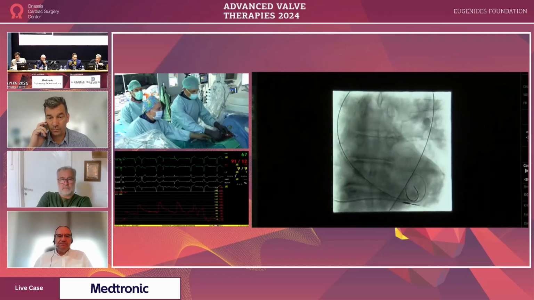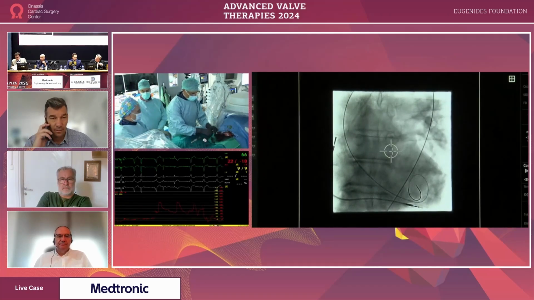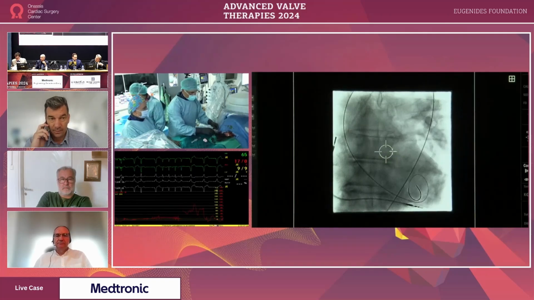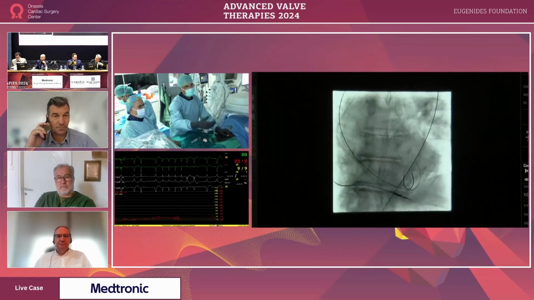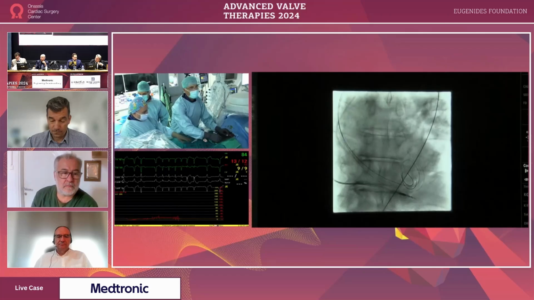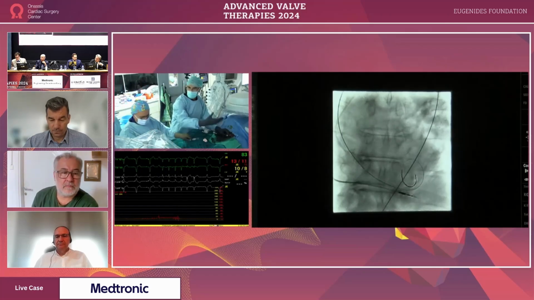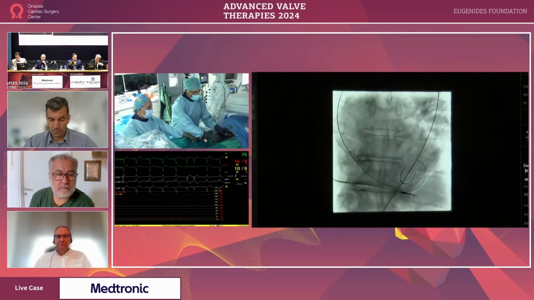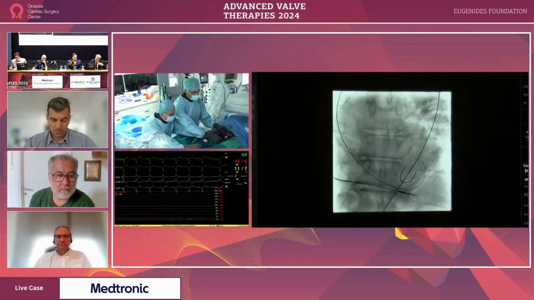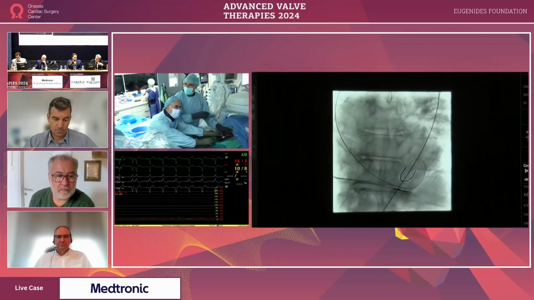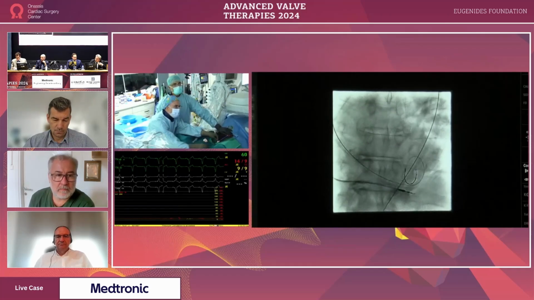You have to take into account that when you predilate with the balloon, you have 5 to 10 times the newtons that you give with direct implantation. So it's 5 to 10 times more force with predilatation as opposed to direct implantation.